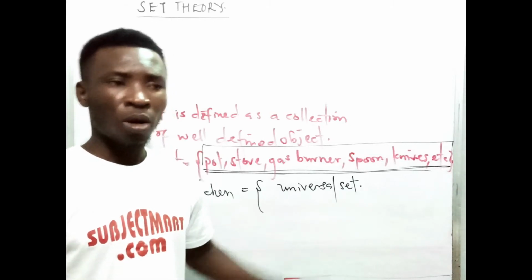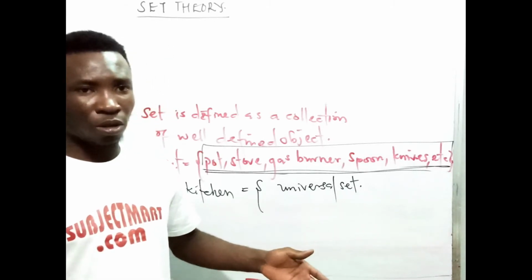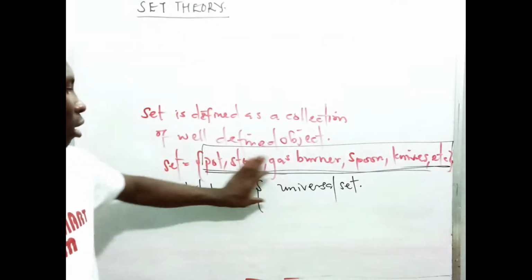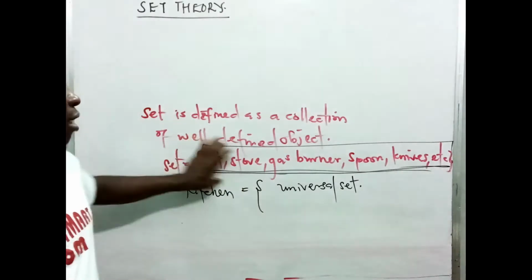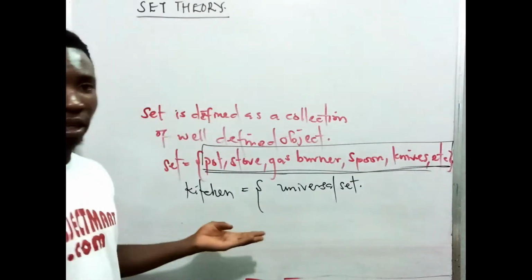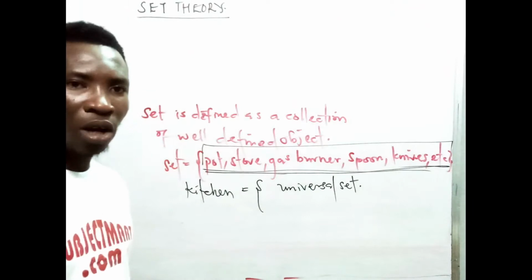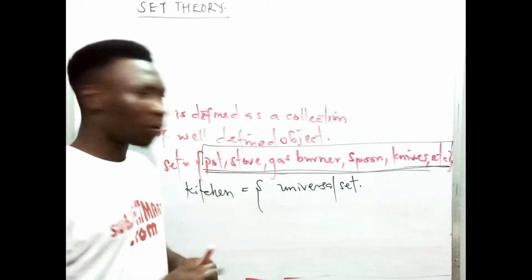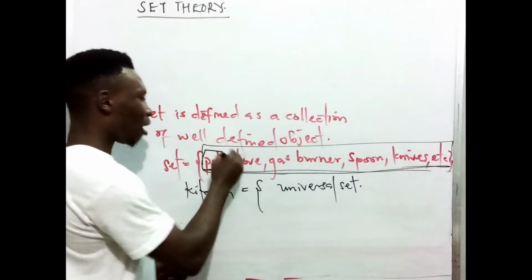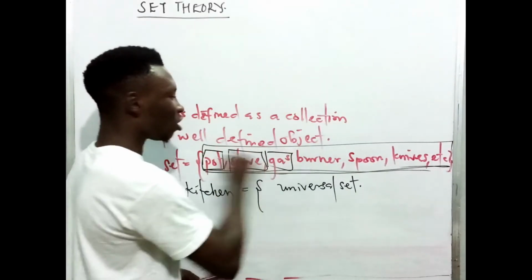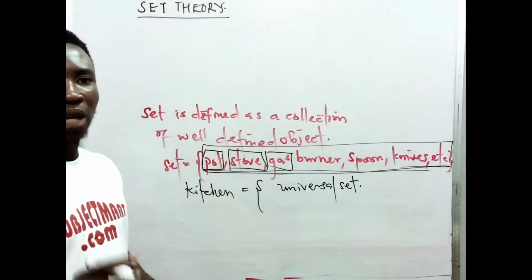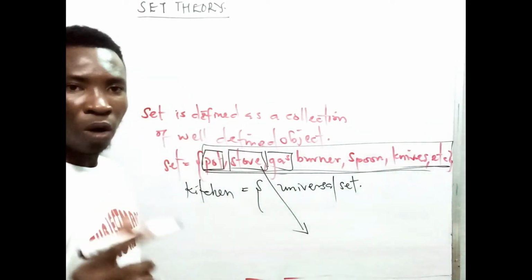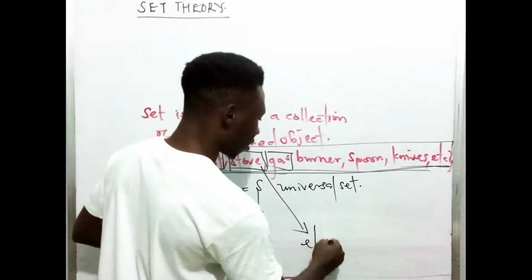Now, in this universal set, we have various subsets, but I'm going to explain what a subset is to you when we get to set notation. But let's take it slowly, a step at a time. Having your set of everything in the kitchen to be a universal set, each unit, whenever I say each unit, I mean that particular thing, everything in particular you have in your kitchen, is known as an element of a set.